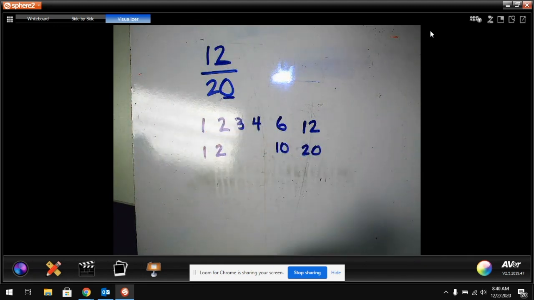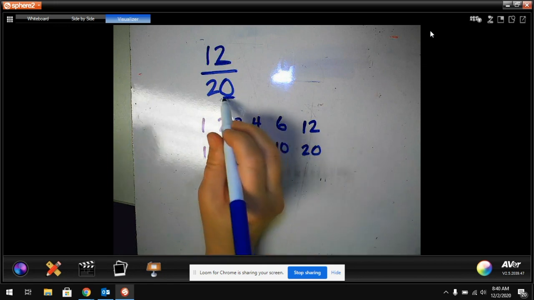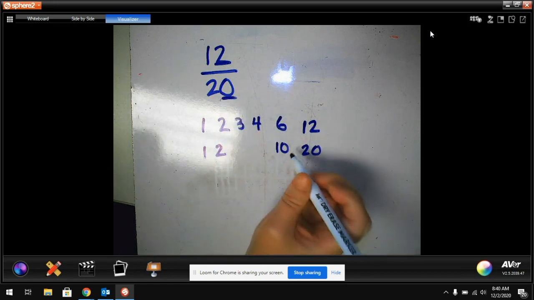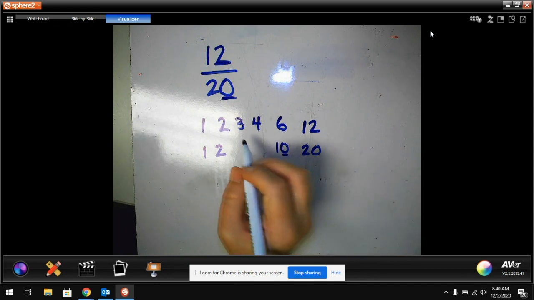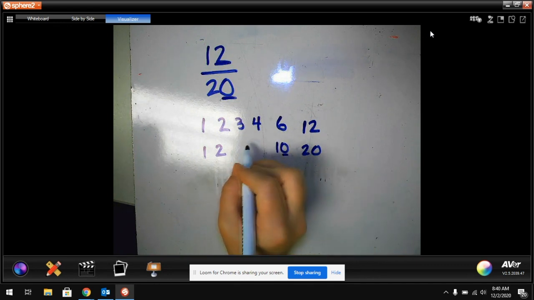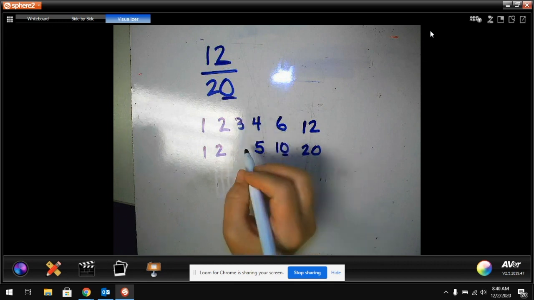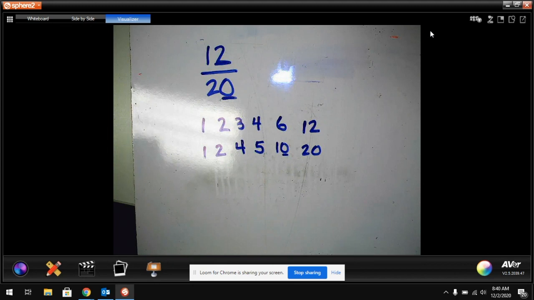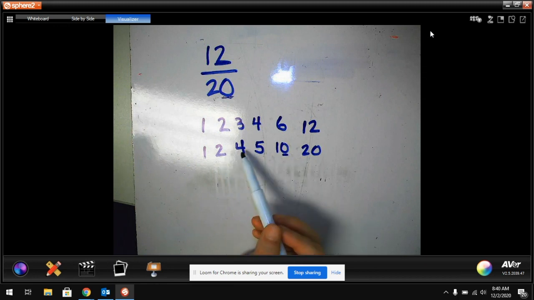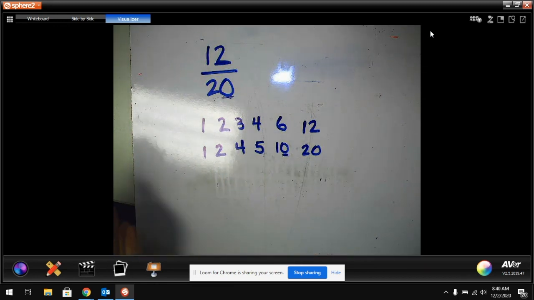Okay, so anything that ends in a 0 has a factor of 10, but it also has a factor of 5. So I know 5 times something equals 20, and I can count by 5s and see 4 times 5 equals 20. So all the things I can multiply by to get 20 would be 1 times 20, 2 times 10, or 4 times 5. All right, so I have all the factors here.